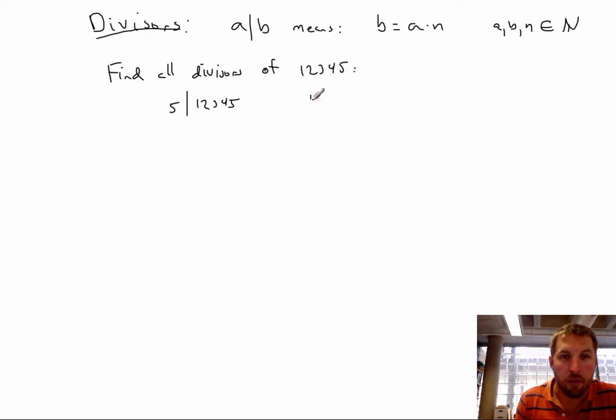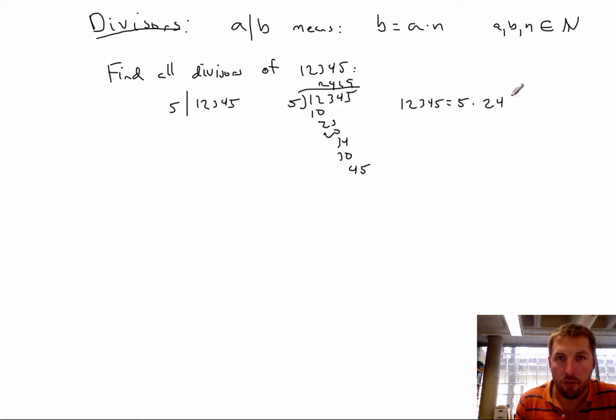And we know that 12345 divided by 5 is 2469. So we know that 12345 is equal to 5 times 2469. All right, great. So we know 5 is a divisor.